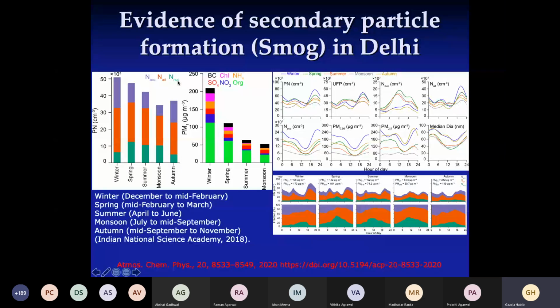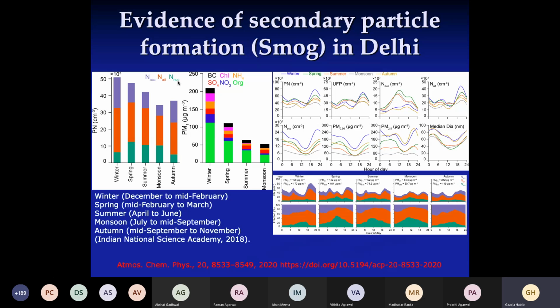You can remember it like this: nucleation mode means particles less than 30 nanometer in size, and these particles come only from fresh combustion of any kind of fuel. If the combustion is fresh, these particles get into the atmosphere. They may have organic compounds which can further react with other species and form some secondary pollutant, but these are very freshly emitted particles.